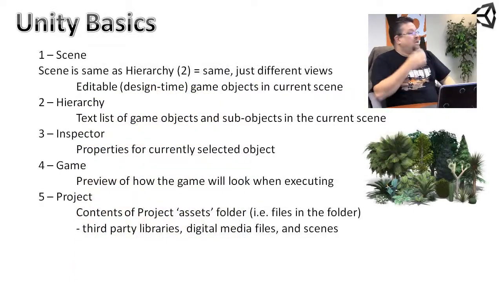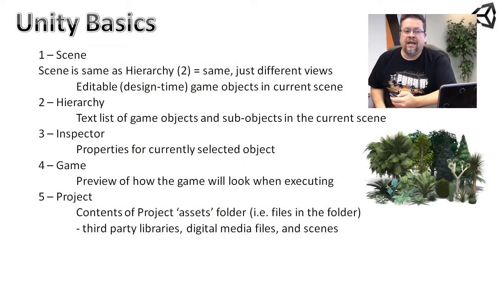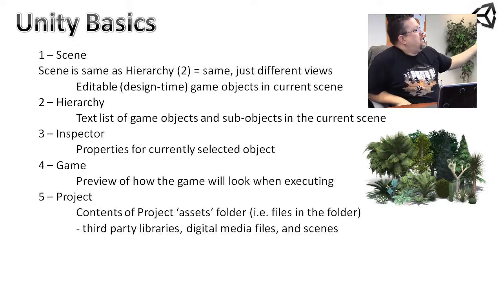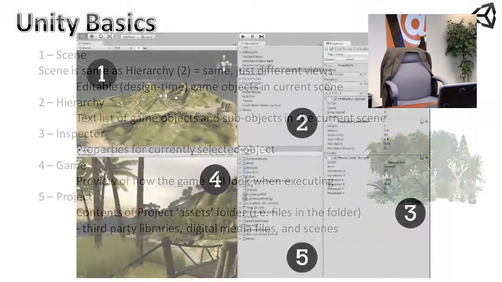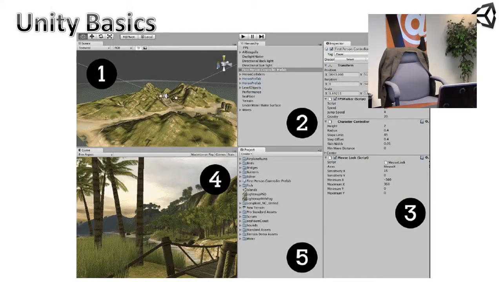The inspector is basically your properties. Any game object that you select, you can look at. One thing I want to point out, and we'll point it out again, is right here. You can't see it very well. For any object that you select in the hierarchy, if you want to be able to look at it and then grab something from something else without this property inspector changing, there's a lock button.